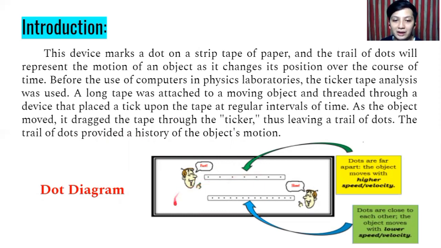So this one and this one, this is what we call the dot diagram. Dots are far apart, meaning to say the object moves with higher speed or velocity. Then this one, dots are close to each other, meaning to say the object moves with lower speed or velocity. So based on those different dot diagrams or plotted dots in the ticker tape, we can say that the object moves fast or moves slower.